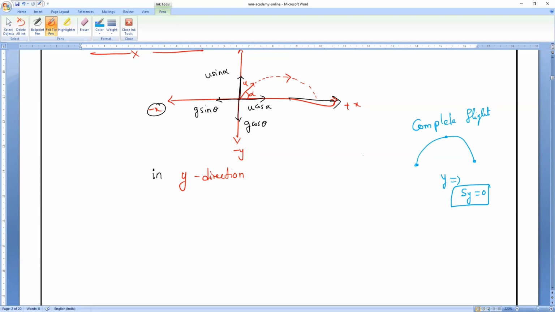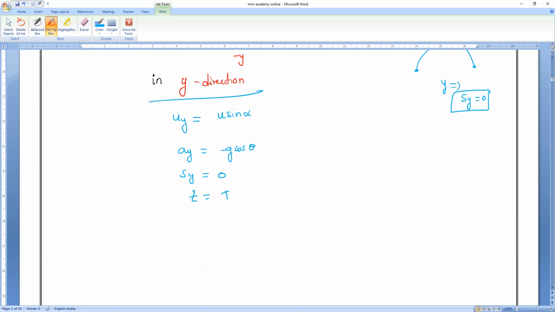Now let me take the y direction. What is the initial velocity in the y direction? u y equals u sin alpha, and the acceleration in the y direction is minus g cos theta. The displacement in the y direction is 0. Let me take the total time of flight as capital T. Which equation can we use for finding time of flight?